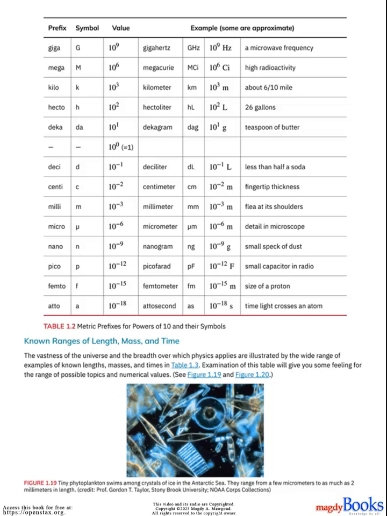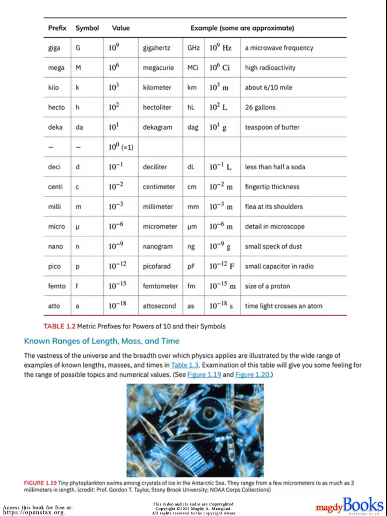Prefix: atto. Symbol: a. Value: 10 to the power of -18. Example: attosecond, as, 10 to the power of -18 second. Time light crosses an atom. Table 1.2, metric prefixes for powers of 10 and their symbols.